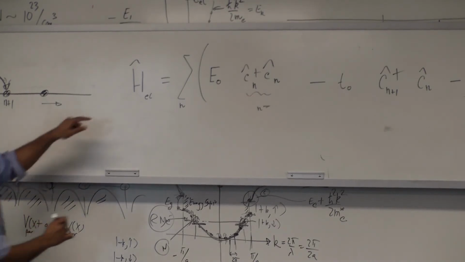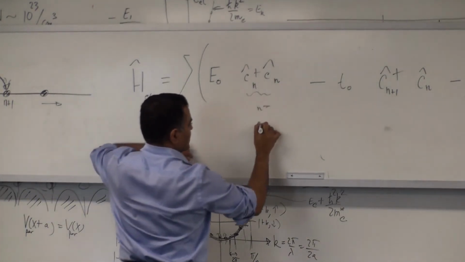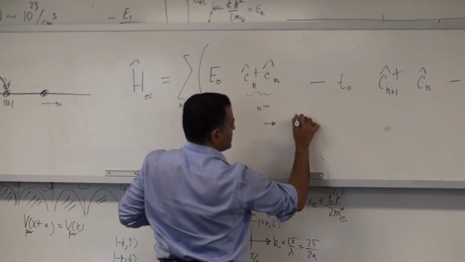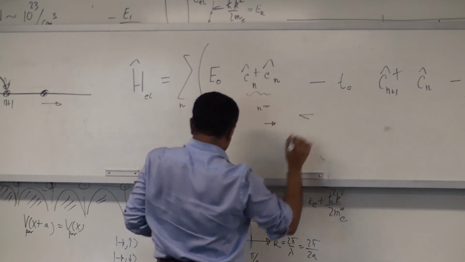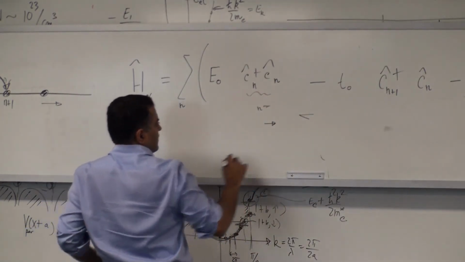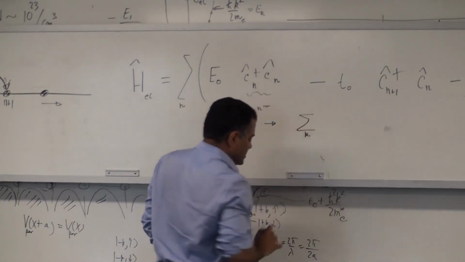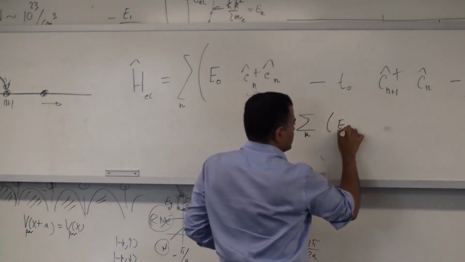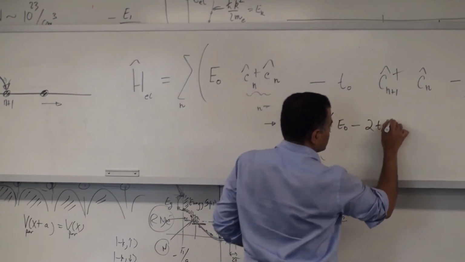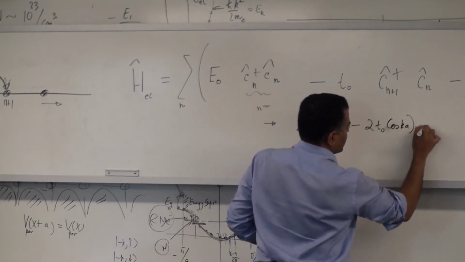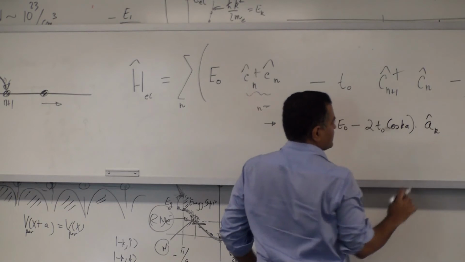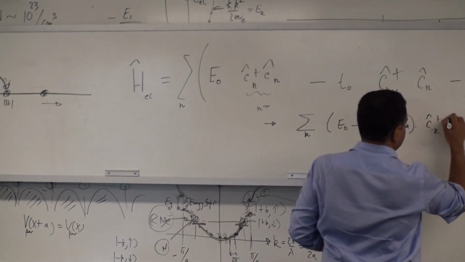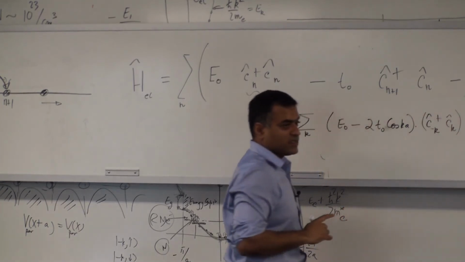I'm not solving this right now. What I want to say is, this, which we will show tomorrow, is equal to a sum over small k's, where k is the electron momentum, of E0 minus 2 T naught cosine of k a, times c k dagger c k.